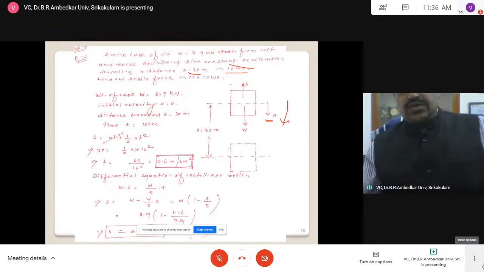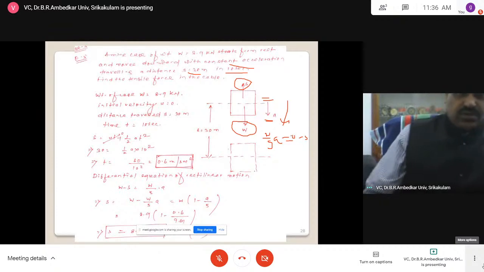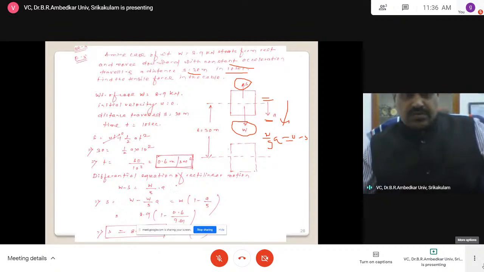So this is the force in the cable, and this is the weight acting downwards. Now the equation is W by g a is equal to, in the direction of forces, W minus S. This is the expression.